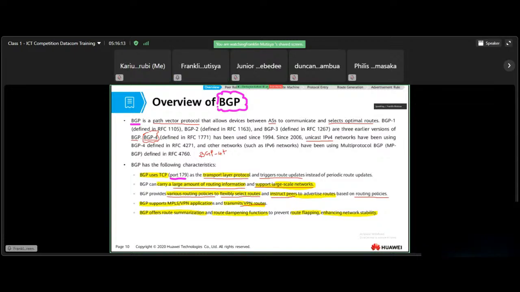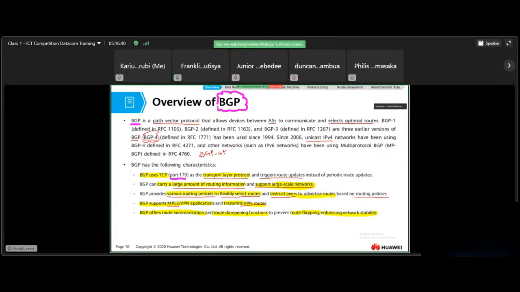To transport VPN routes, BGP works with another protocol we call MPLS. MPLS stands for multi-protocol label switching. It's a labeling protocol which helps speed up the forwarding efficiency on routers. We are going to discuss it shortly.